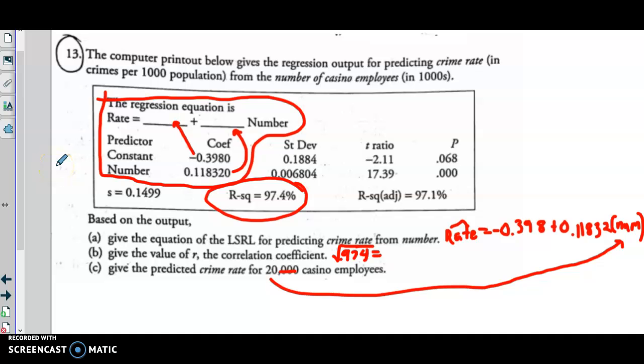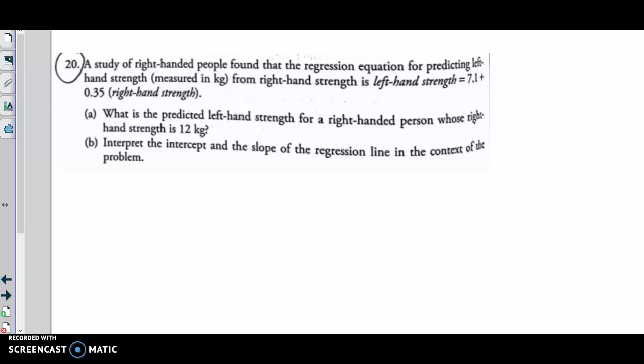I'm going to jump to question 20. Question 20 will involve a little bit of interpreting. A study of right-handed people found that the regression equation for predicting left-hand strength, measured in kilograms, from right-hand strength is left-hand strength equals 7.1 plus 0.35 right-hand strength.